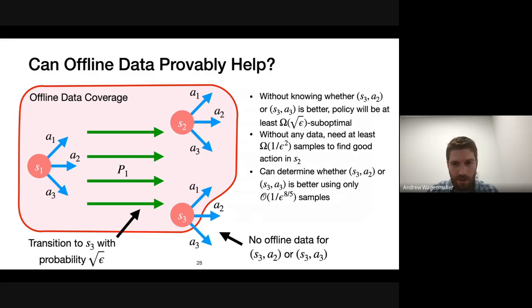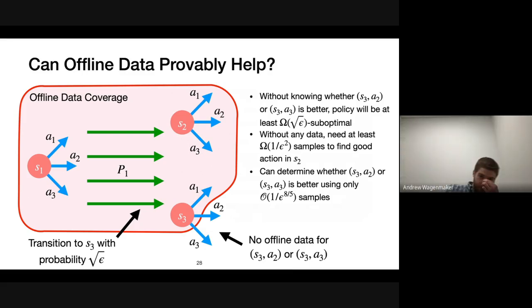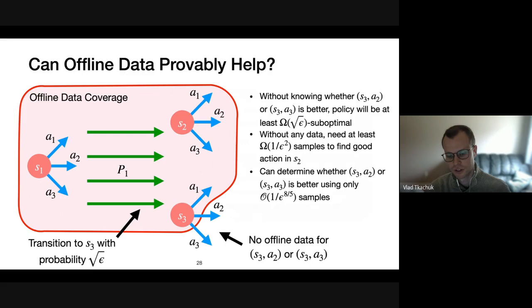I have a quick question again about this example. In the purely online case, I see why you would need this 1 over epsilon squared number of samples from S3. But now, if you've run this offline data set, which has some coverage of S2 and S1, but not S3, then you were saying you could dedicate more of your online sampling to S3, but how does it become 1 over epsilon to the 8 over 5?